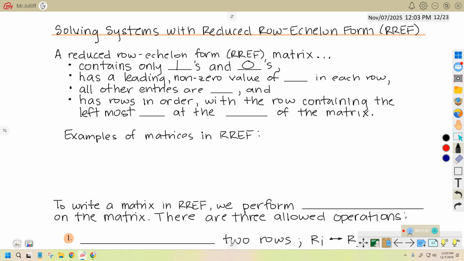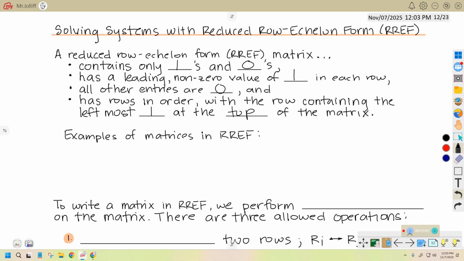The first non-zero value of the row is a 1. All of the entries other than that are 0, meaning each row has one number in it, and it's a 1. And they are written in order, so the leftmost one is at the top of the matrix.